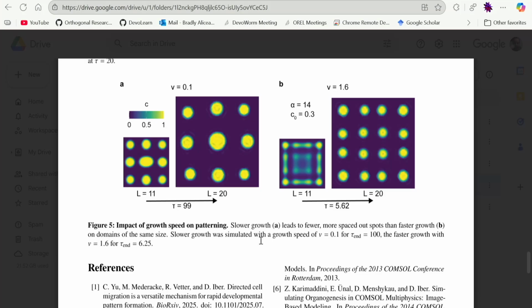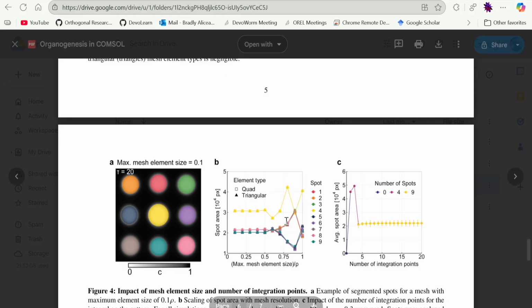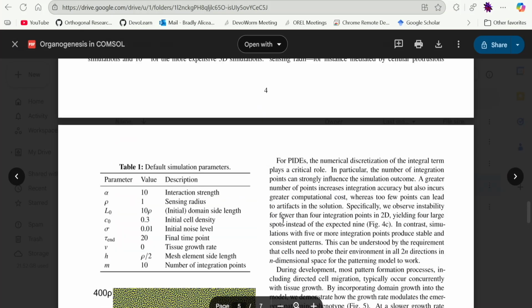Faster growth leads to a greater number of spots that are less spaced out. So it's growing fast, it's producing more spots, and it's more dense. So that's the lesson there. Okay, I think that's it for this paper.